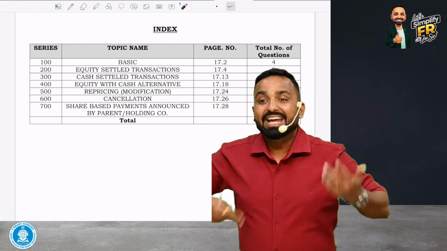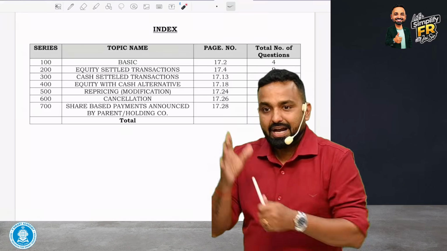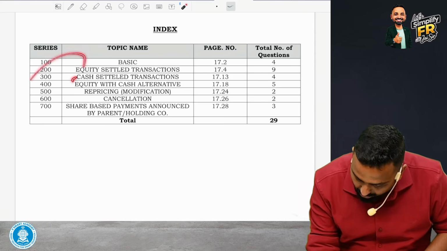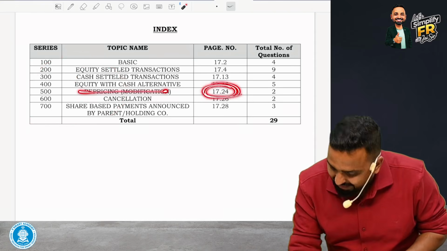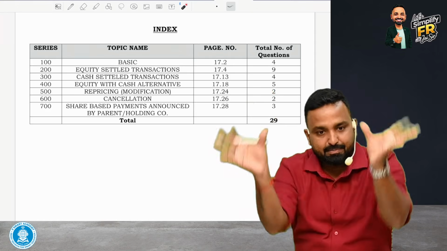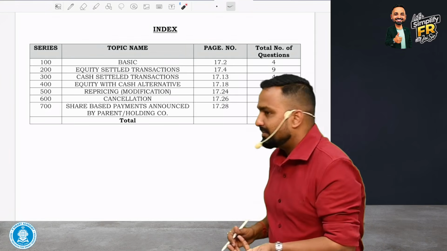You don't need to find each and every topic, every question. It's not mixed. Like I need to find where the modification question is. You don't need to find it, like the modification question starts on page 17.24. Directly you will get all questions of the same category. So all questions of the same category will save your time ultimately.